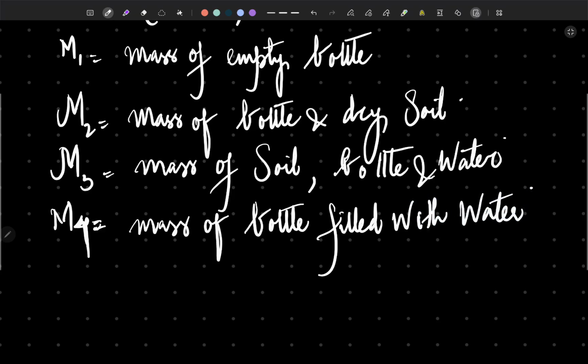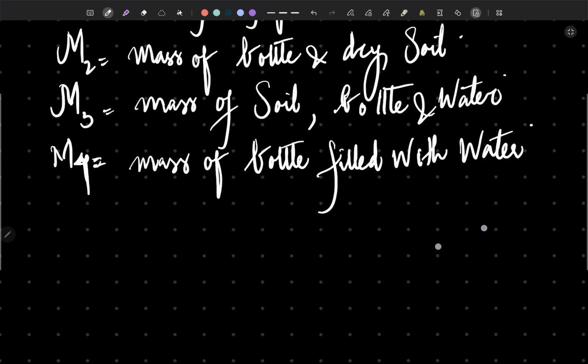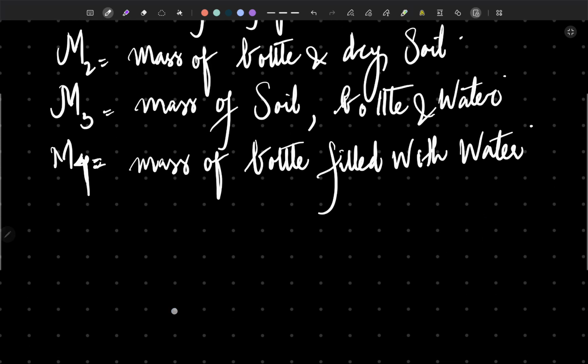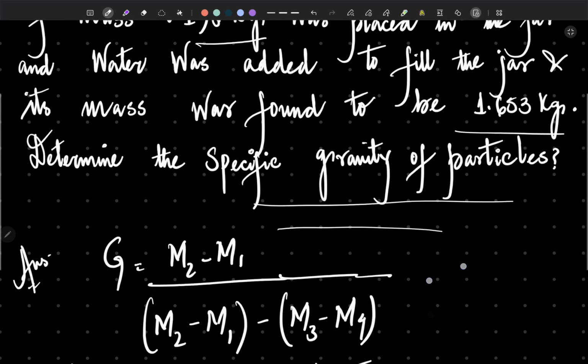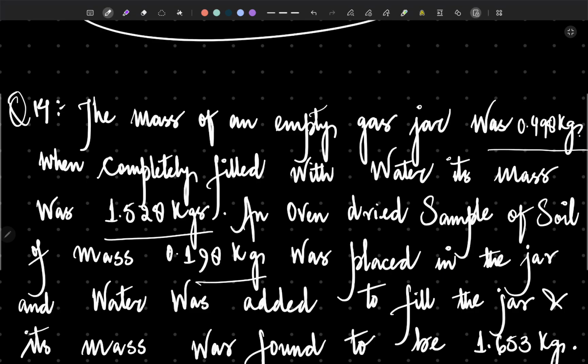All right, so let's see what's given in the question, and accordingly we'll have our m1, m2, m3 and m4. m1 is the mass of the empty bottle. The mass of an empty gas jar was 0.498 kgs.